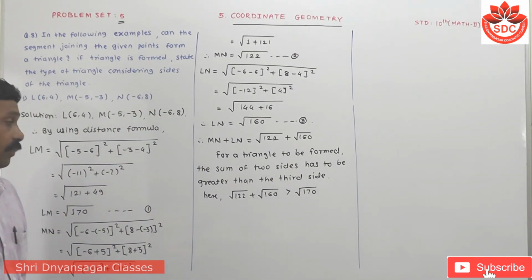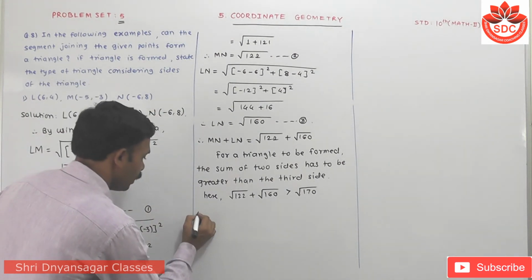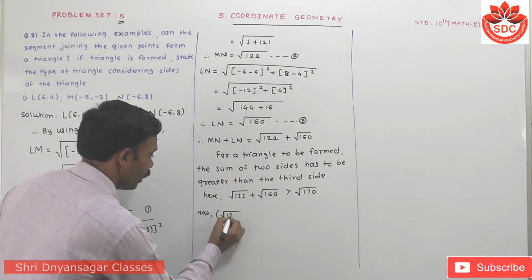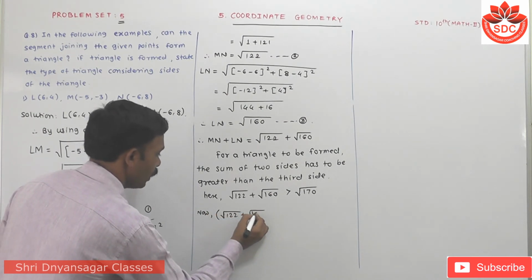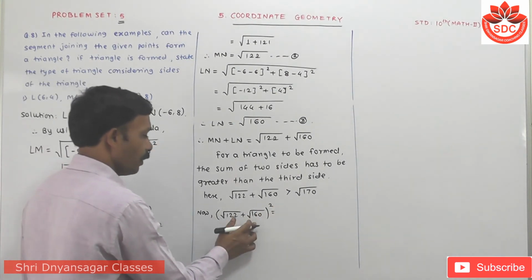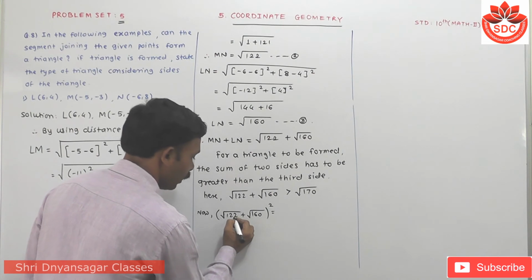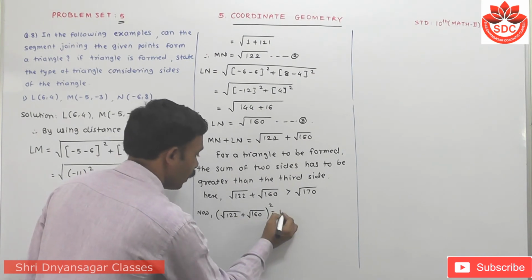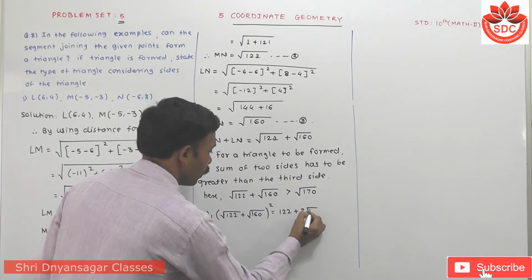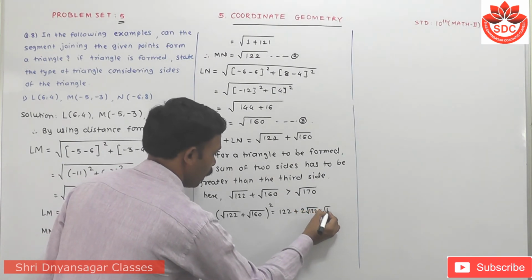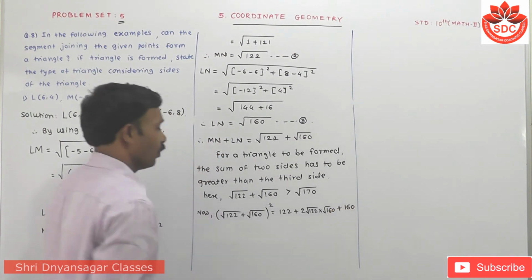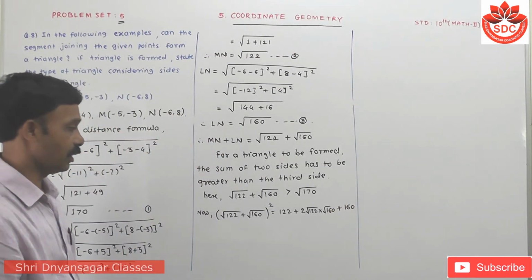Now is this correct? For this I have to take its square. When we square root of 122 plus root of 160, by using the formula (a plus b) squared, I directly write a squared, that means 122, plus twice a into b, which is root of 122 into root of 160, plus b squared, which is 160.